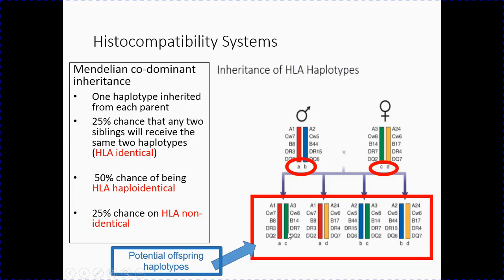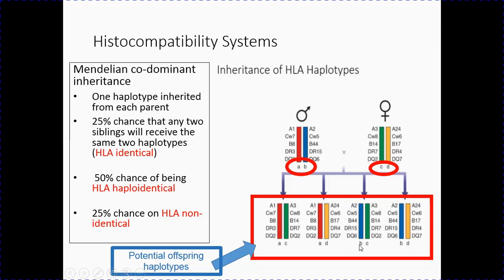So there's C, and D, D. And so if we look at the genetic inheritance that came from each, the first potential offspring has a haplotype A from the father and a C from the mother. That's the combination there. The second one has an A from the father, a D from the mother.